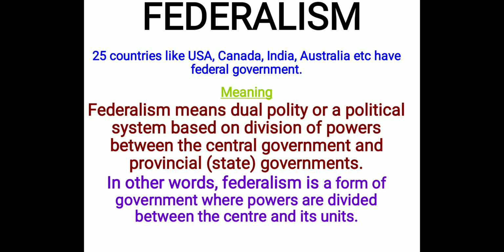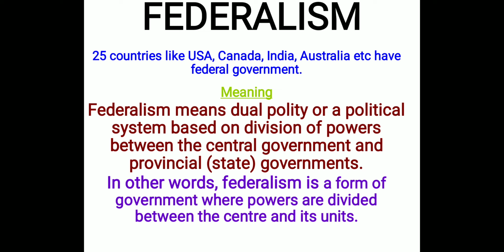In the Indian Constitution, the word federalism or federal form of government is not used. The words which are used are that India, that is Bharat, shall be a union of states. It means it is a union of 28 states at present, 28 states and 9 union territories.